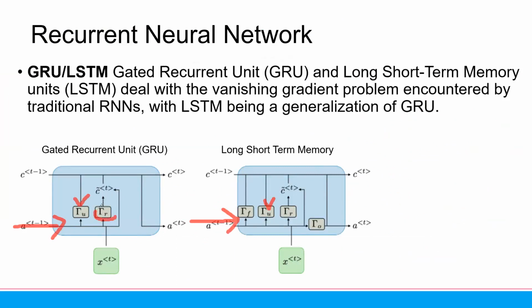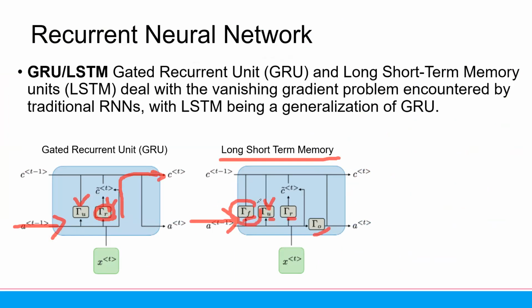And then we have the relevance. We want to check the relevance of the information from the hidden layer. What is the relevant information, and it will be used for the next stage. The LSTM includes update and relevance, and it also includes forget and output.